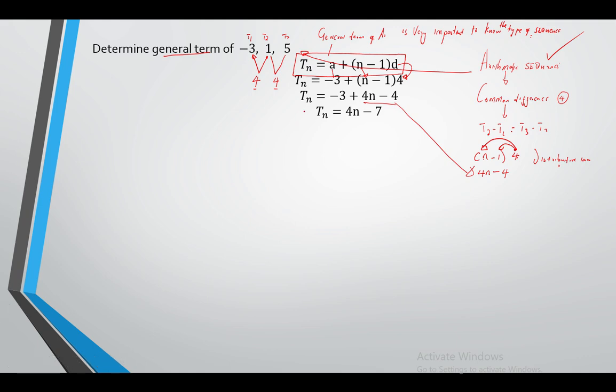What I've done, I just said minus 3 and minus 4 gives me minus 7. So Tn equals 4n minus 7 is the general term of this sequence, minus 3, 1, 5.